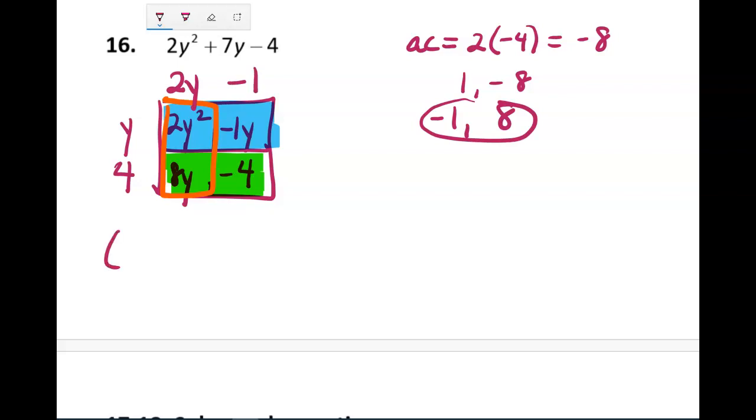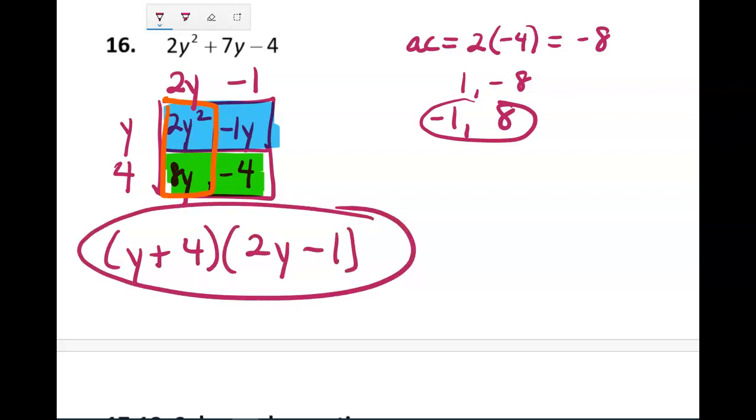You can certainly check that by multiplying to make sure that all of the boxes have the correct result in each. So there's our two factors, y plus 4 times 2y minus 1. Doesn't matter which order you write them in.